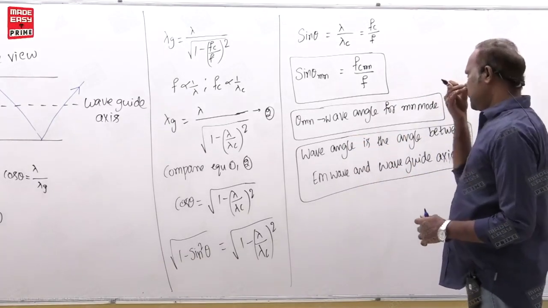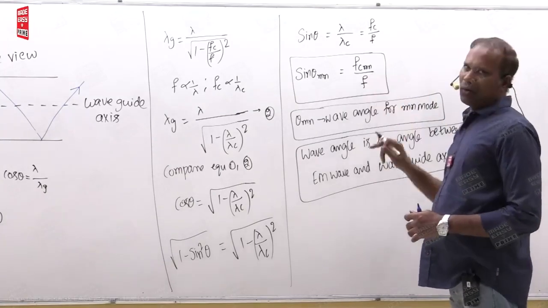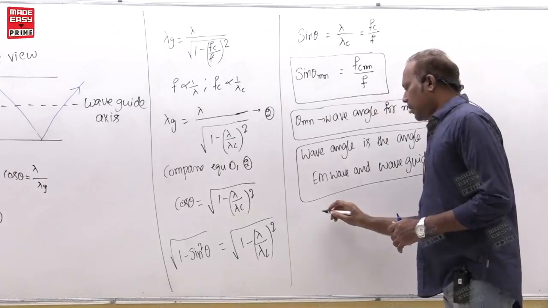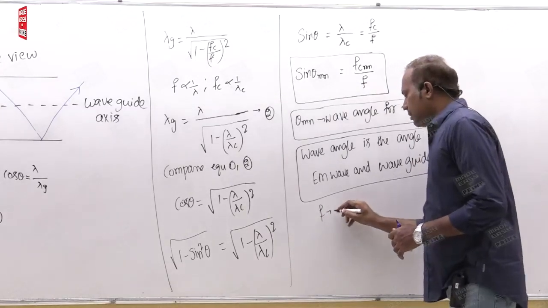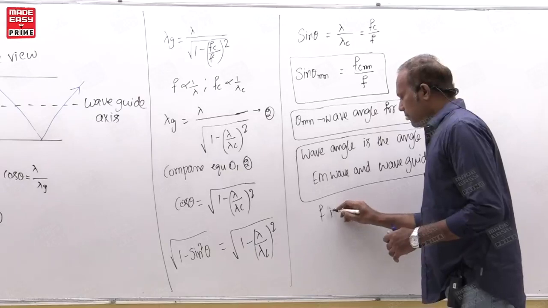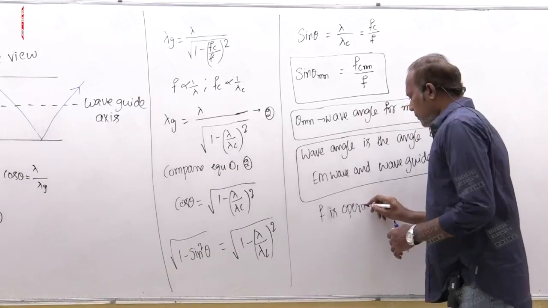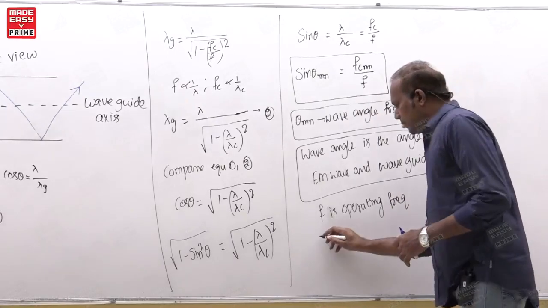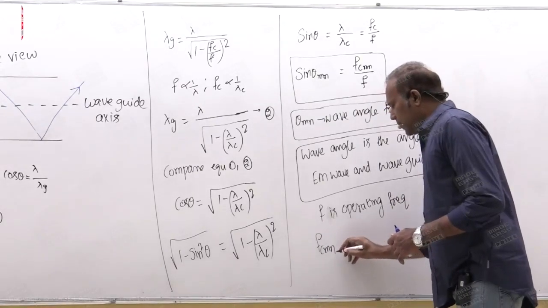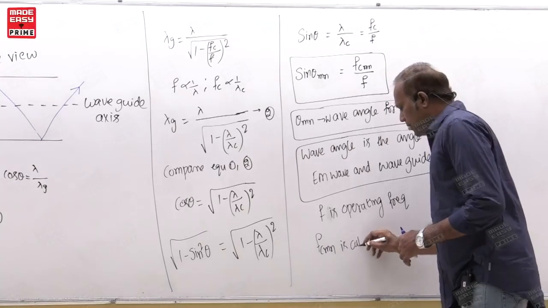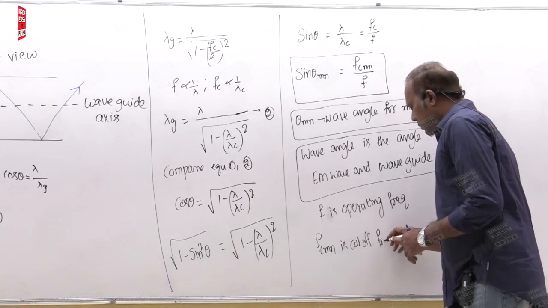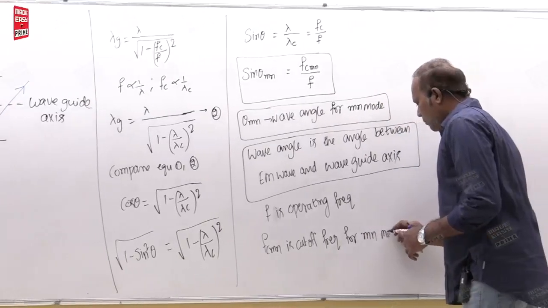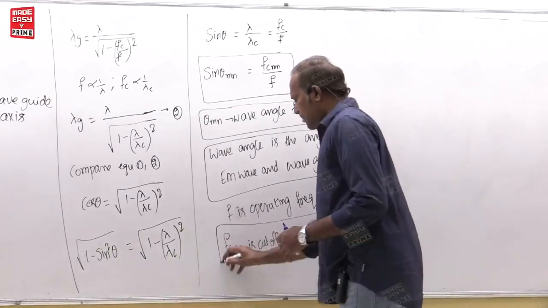Okay. This is one formula. fcmn you already know, no need to write. It is the cutoff frequency for Mn mode. f is the operating frequency, that means how much frequency you are sending. Then fcmn is the cutoff frequency for Mn mode.